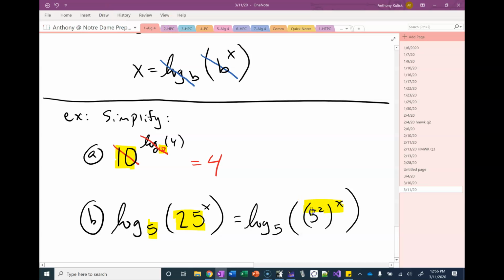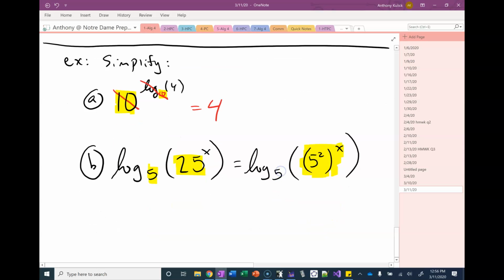Now, what I'm going to do is I'm going to look at this part. How do I simplify that? Does anybody remember how to simplify 5 squared to the x? That's correct. So the property of exponents that Annalise used is this power of a power property.